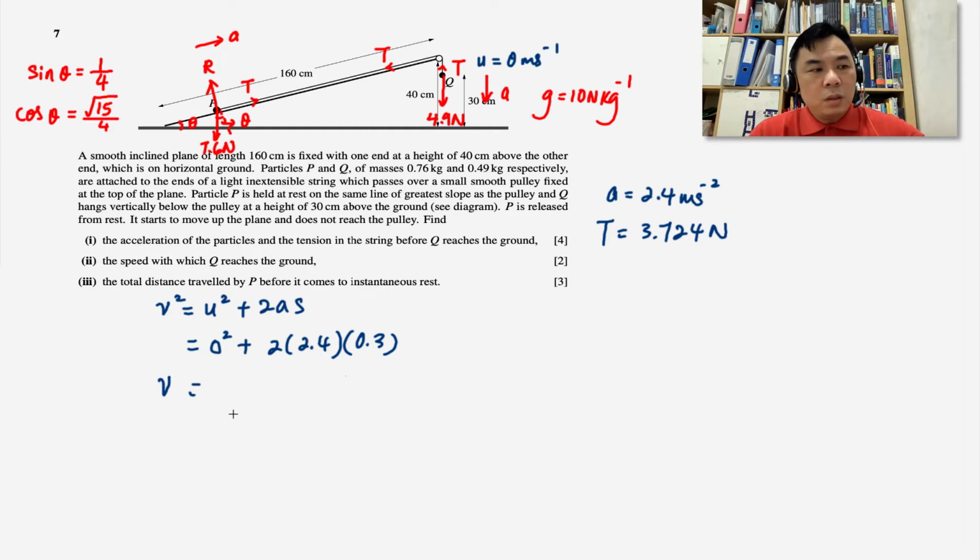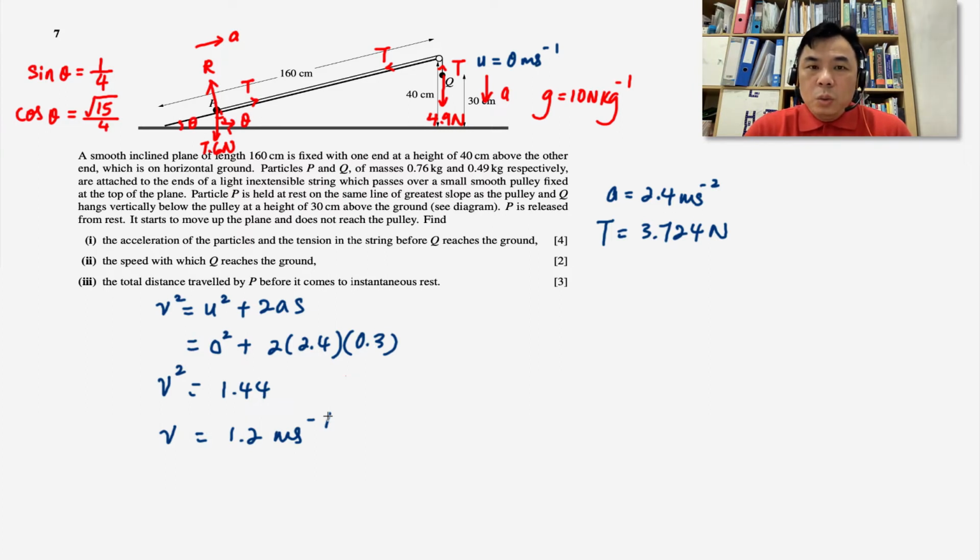Let me quickly check the answer that we have. We have like 4.8 here. We got a very nice number after you square root that. I think v square is 1.44, and then v is 1.2 meter per second. And there you have it, that's the speed of Q when it reaches the ground.